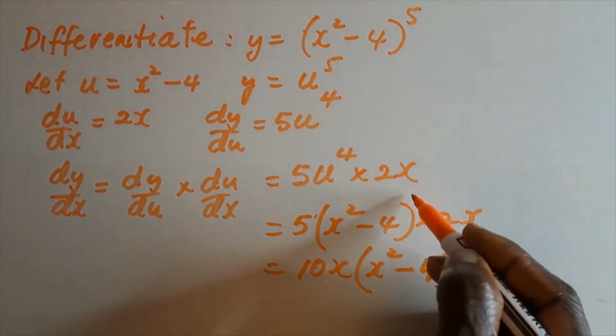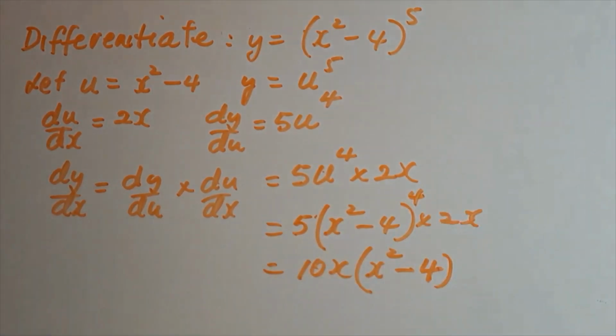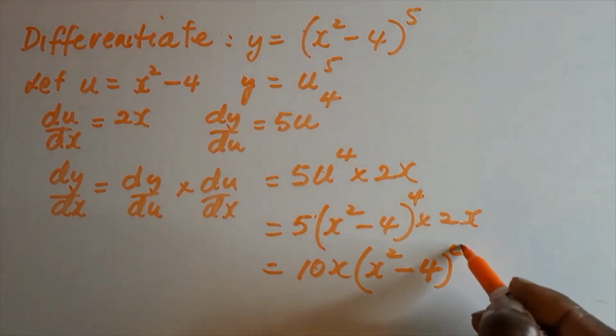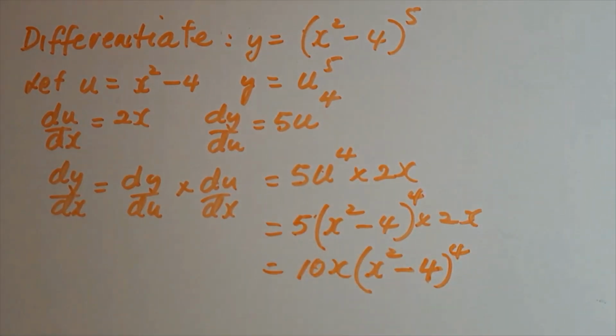Oops, I forgot my power of 4. Function of a function rule: differentiate the outer and multiply by the derivative of the inner function.